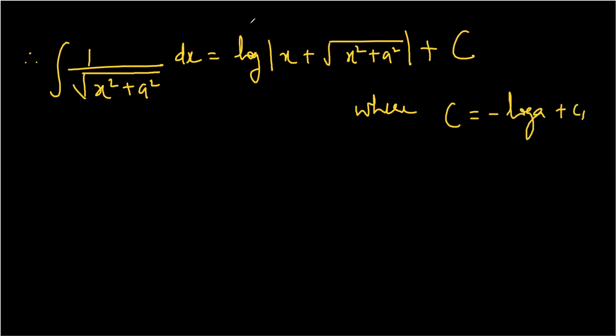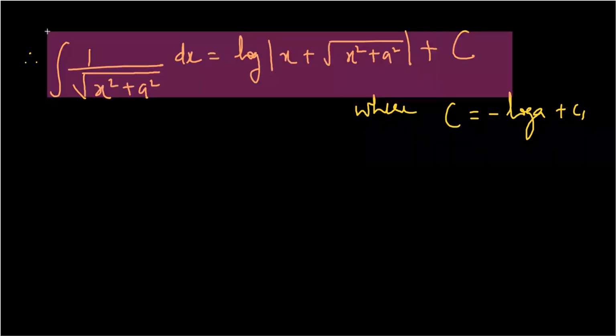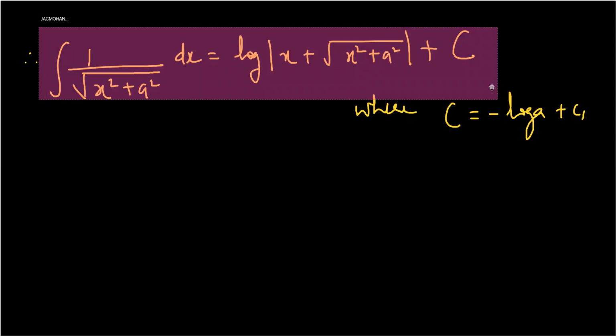This is it. So once again, you are having one more result. In the set of results, now you have one more result which you can use. You can see the whole theory once again in order to learn it better.